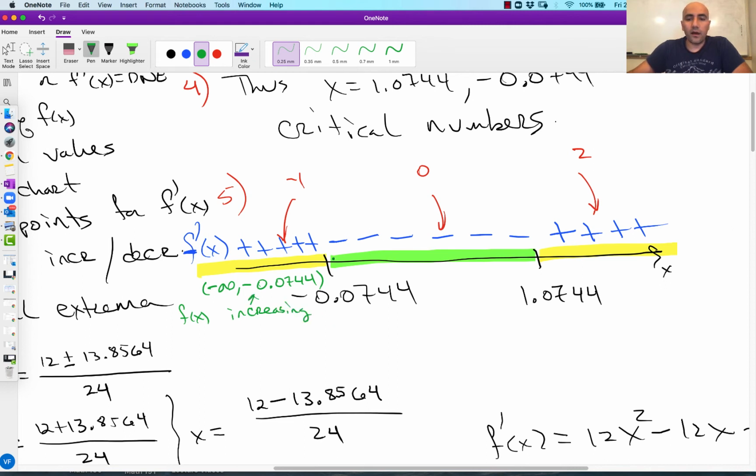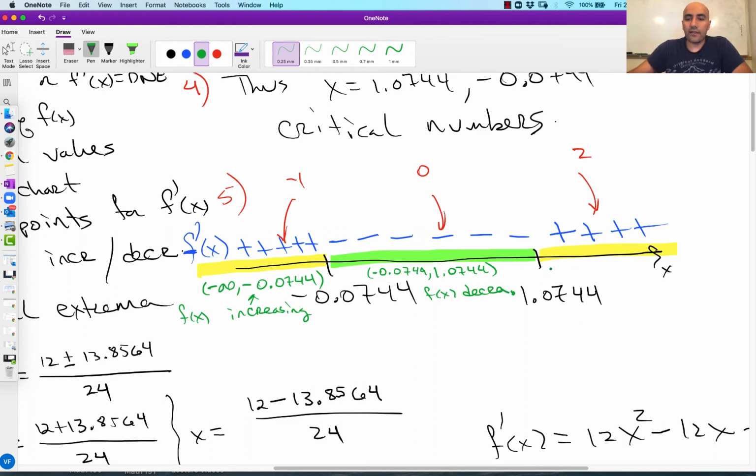Here, the first derivative is negative, which means that on the interval from -0.0744 up through positive 1.0744, f of x is decreasing.